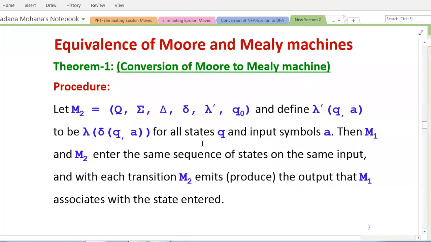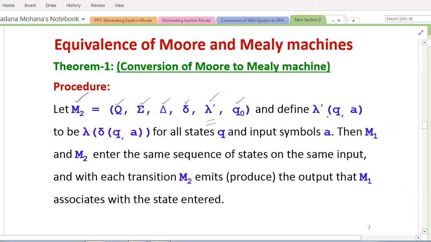Here we need to find out M2. In M2 you can see which tuples you need to find out. Q is same as M1, sigma is same as M1, output alphabet delta is same as M1, the transition function is also same as M1, and the only tuple varying is lambda dash, that is the output function. So here we need to find out only the output function. Even the initial state is also the same. Remaining all are the same as the given Moore machine.